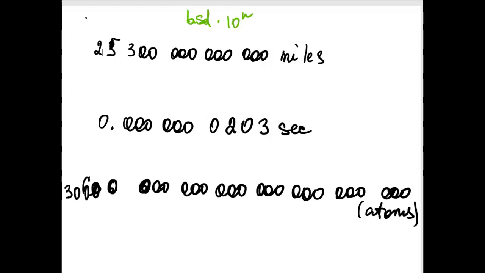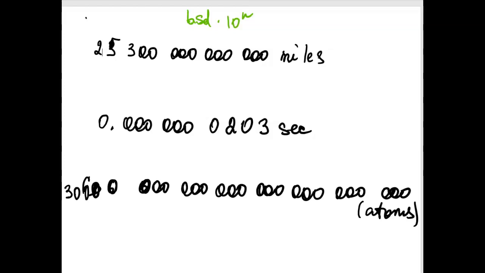So we have this first huge number of miles, and together we are going to write it in scientific notation. First of all, we need to understand where our decimal point is. The decimal point is not shown here, but it has to be here.